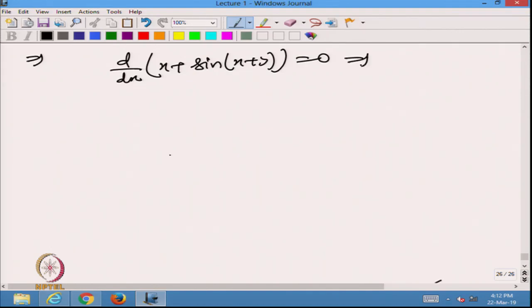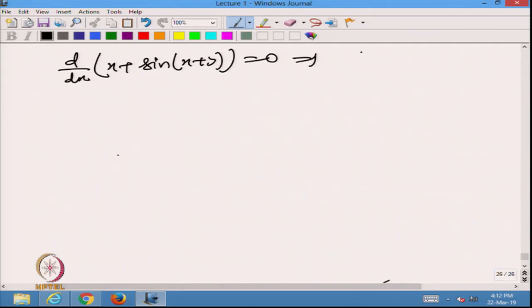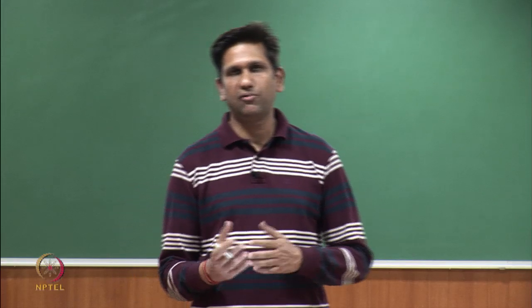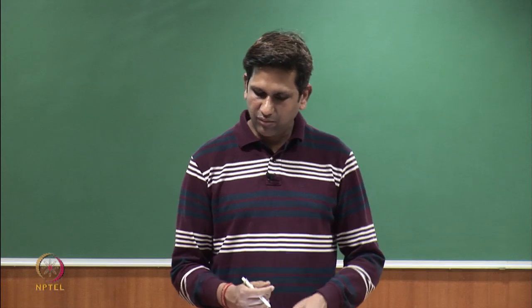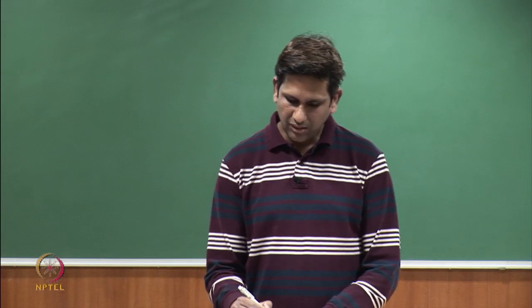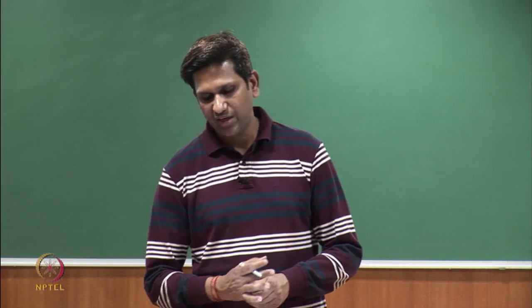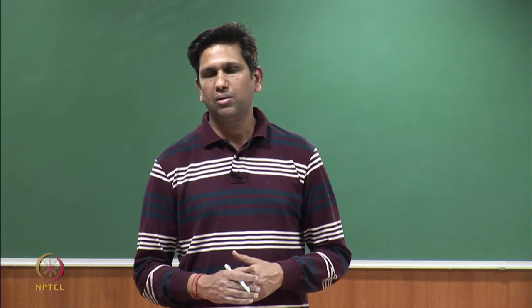From here I get the solution: x plus sin(x plus y) equal to some constant c, and that is my solution. So this is the implicit form. In this case we are unable to write the solution in explicit form, but this is the implicit form.